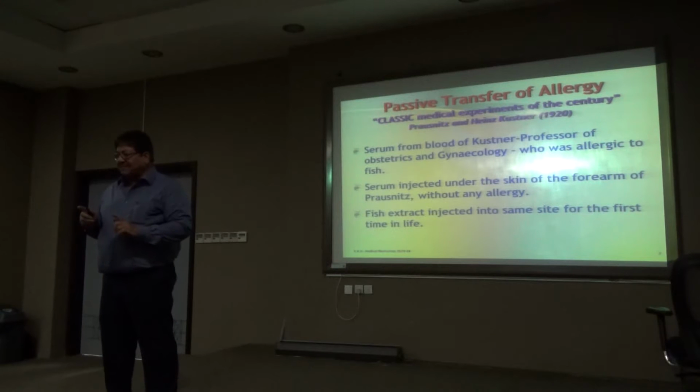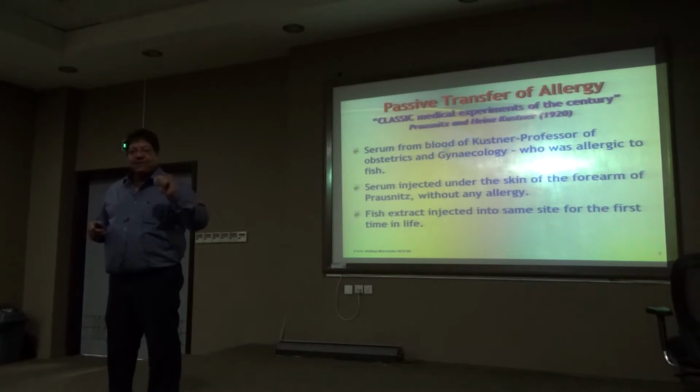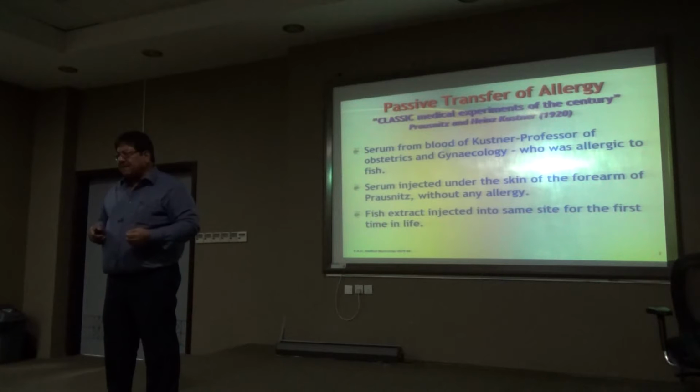So the IgE which was created, the high level of immunoglobulin E, because he was allergic to fish, was injected into this human. And they took an extract of that fish and injected it at that site. What happened? The person got an allergic reaction.